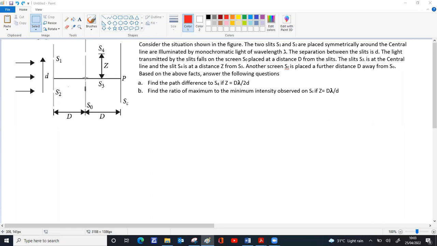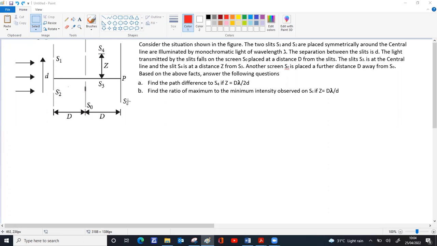There is another slit S3 on the screen, and the screen is cut to form a slit that is at the center of the screen, equidistant from S1 and S2 along the center line, the perpendicular bisector. There is another slit S4 on the screen S0, which is at a distance Z above the central line.